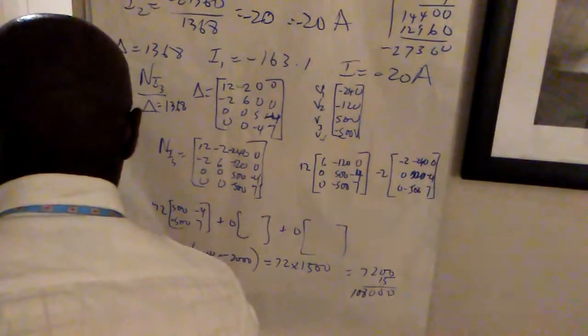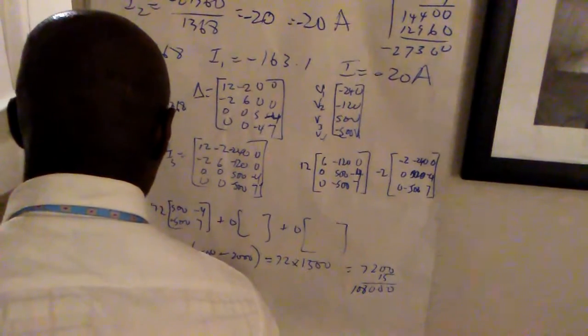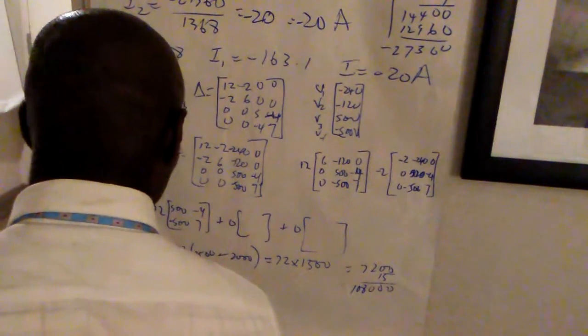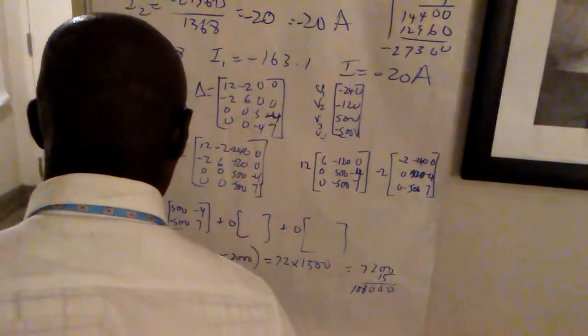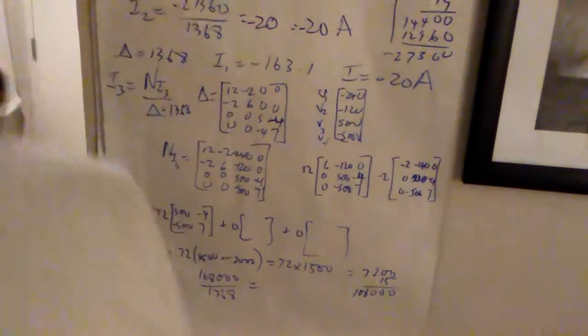And therefore we say now that I3 is equal to 108,000 over 1368. Let's use a calculator to determine that.